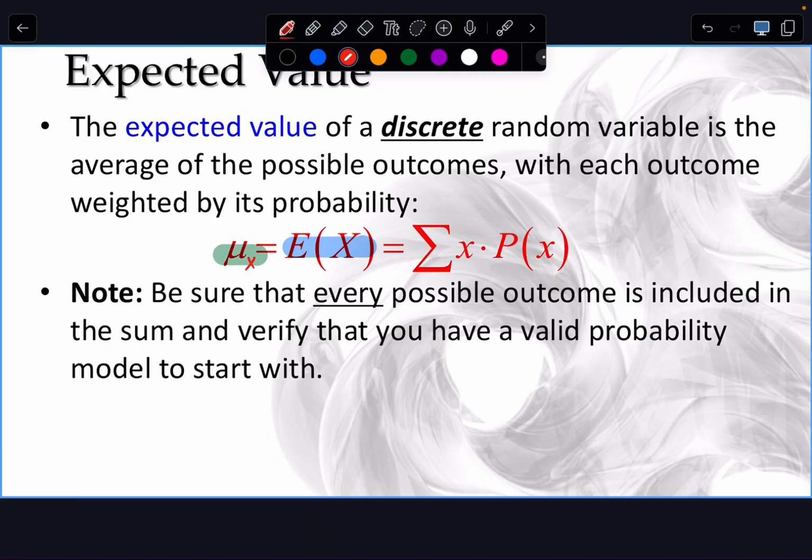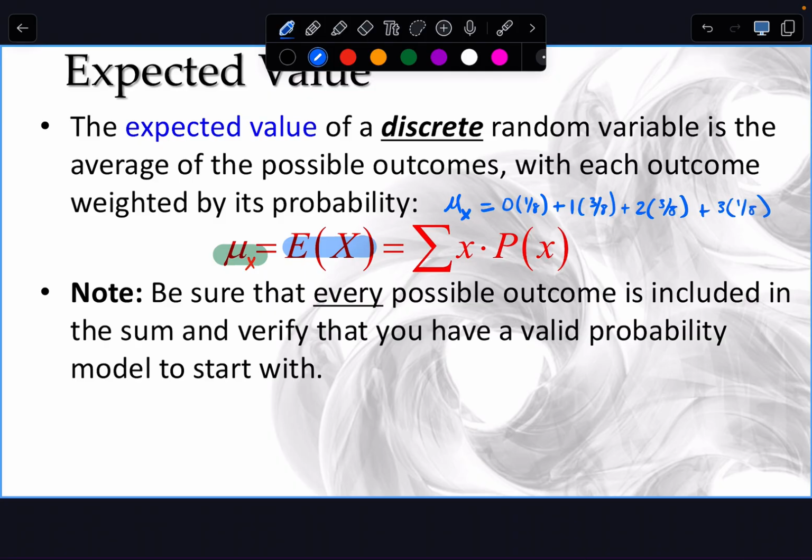So for our coin toss example, if I wanted to calculate the mean or the expected number of heads in many trials, I would take each value, so 0 times the probability of 1 out of 8, plus 1 times 3 out of 8, plus 2 times 3 out of 8, and then plus 3 times 1 out of 8.